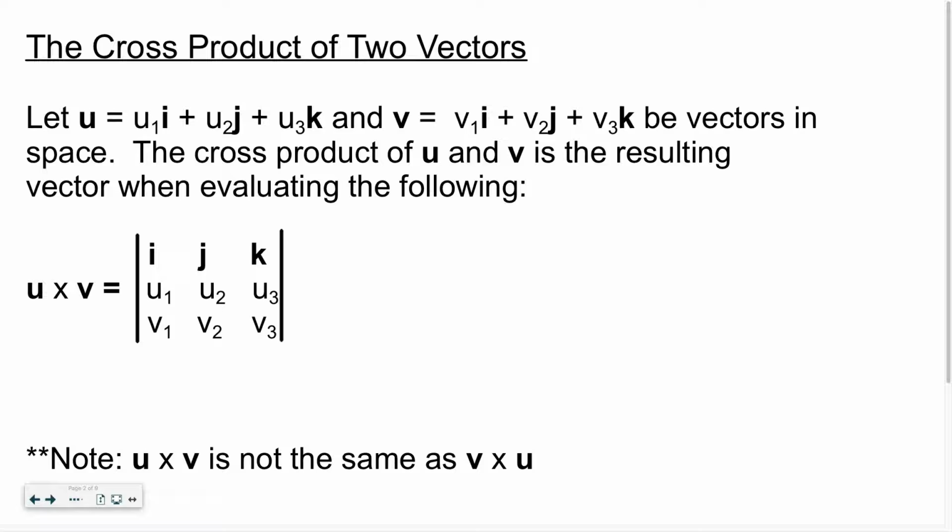Our cross product is a way for us to multiply two vectors, and our answer is a vector. The dot product, we multiplied two vectors, and our answer was a scalar. Notice how we're using the two different types of notation for multiplication: the dot yesterday and the crisscross today.